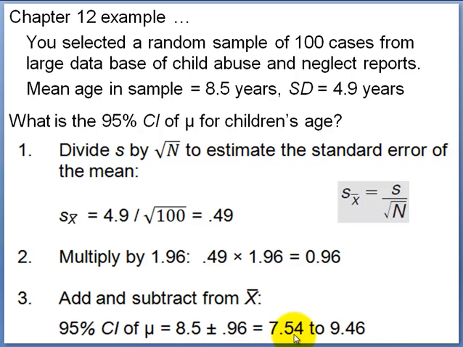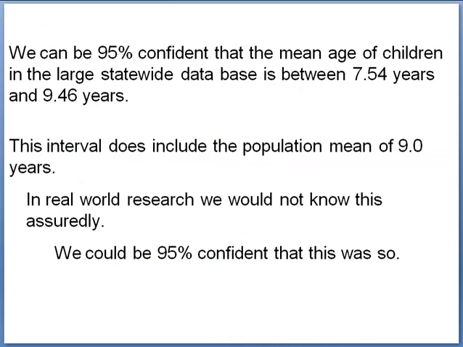So the 95% confidence interval computes to 7.54 to 9.46 years. So how do we interpret this confidence interval? Basically, we can be 95% confident that the mean age of children in the large statewide database is between 7.54 years and 9.46 years.